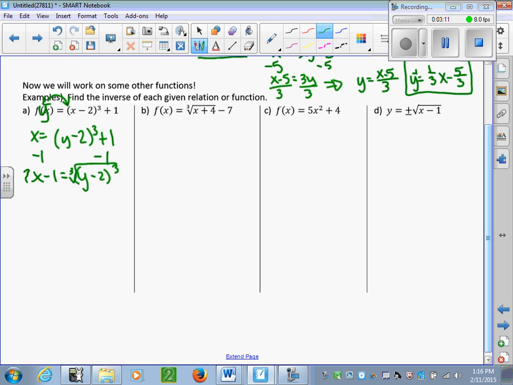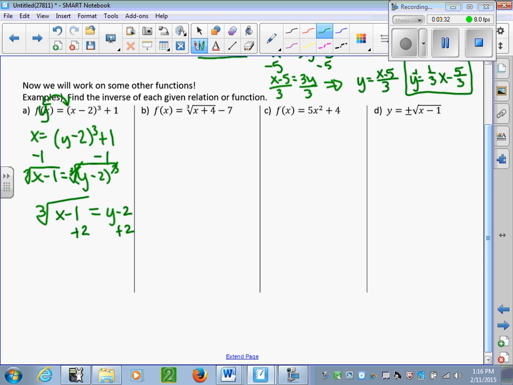What I do to one side, I have to do to both sides. So I will end up with the cube root of x minus 1 equals, and my cube root and my radical cancel on the right and leave me with y minus 2. So now my y is free, but I still need to get y by itself. I need to move this 2 over, so I'm going to add 2 to both sides.